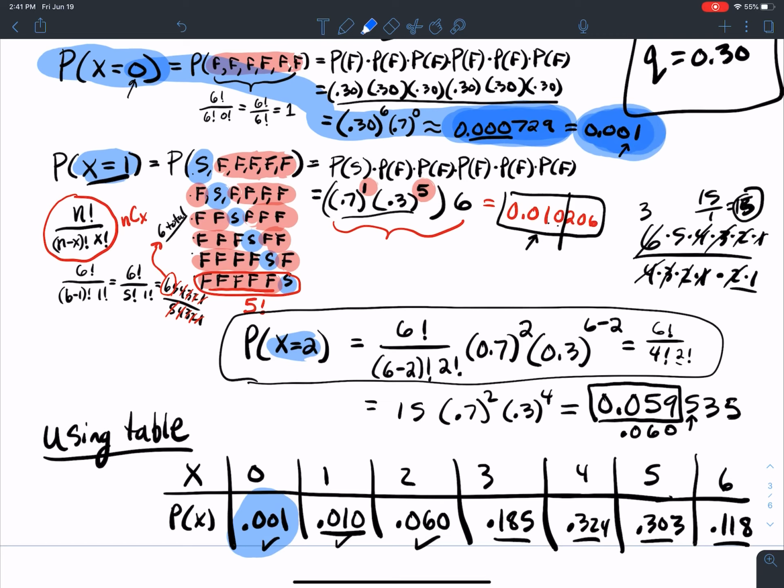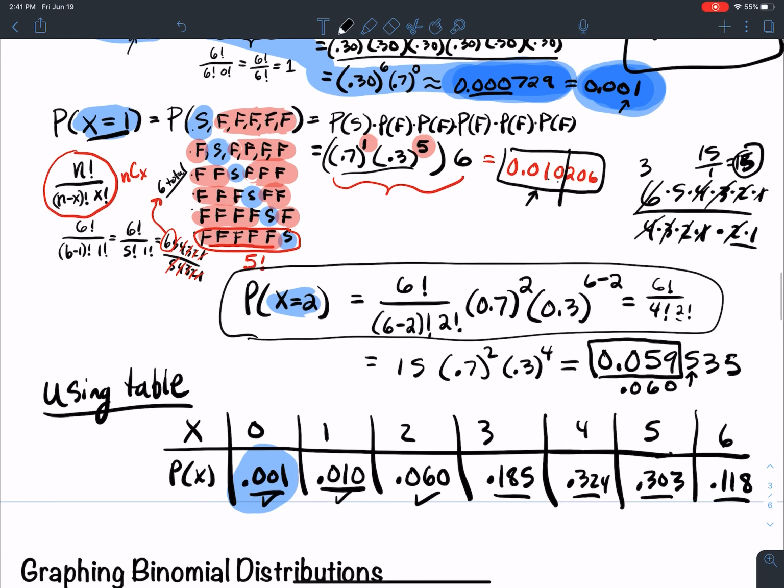So sometimes when you're adding everything in your table up, you might get 0.999 or 1.001. Don't fret, it doesn't mean you're wrong. It's just a rounding error that is actually occurring there.